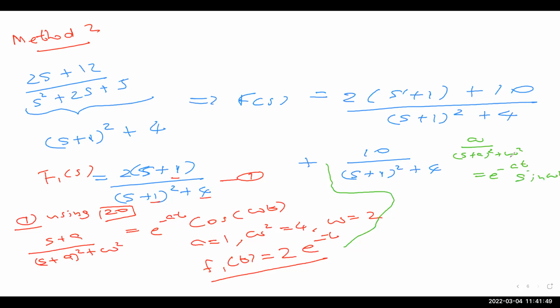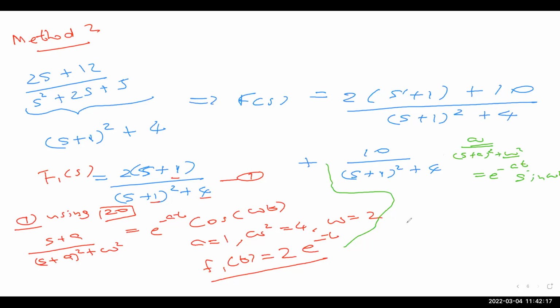Now here you have to have omega in both the numerator and the denominator, and you can have a here. That is fine because we got a here and omega squared here, but we need to make this the square root of this because this is omega squared.